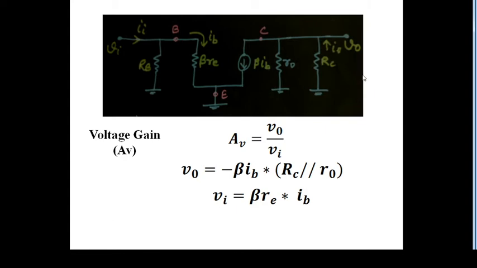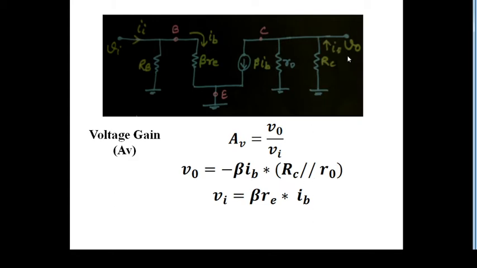V naught is beta times of IB into R naught parallel with RC, but with a negative sign, because the current flows from zero, grounded, to the negative potential, from lower potential to higher potential. So that's why we are putting the negative sign, and RC parallel with R naught.